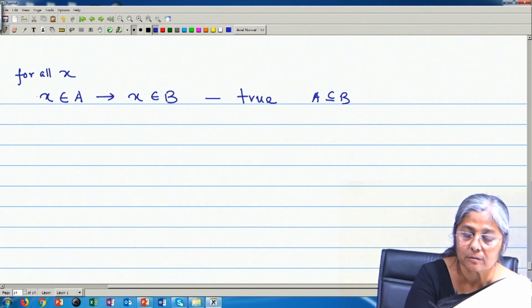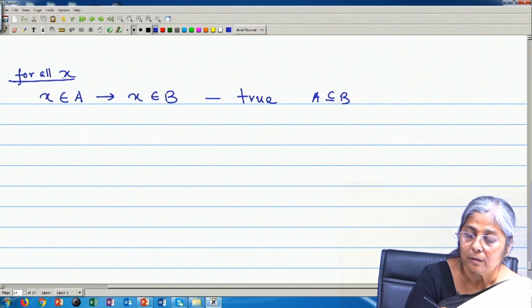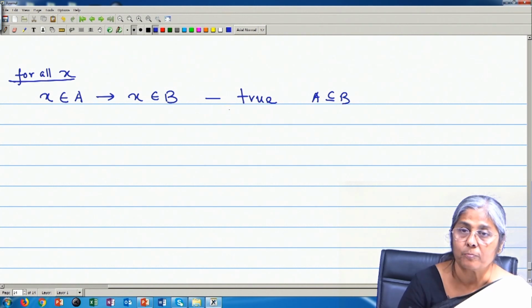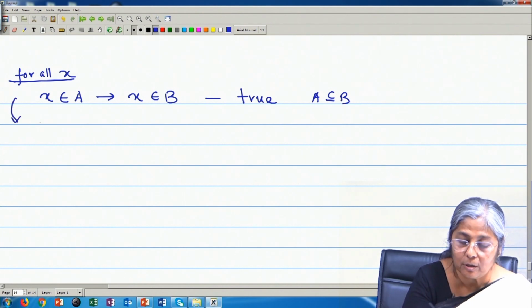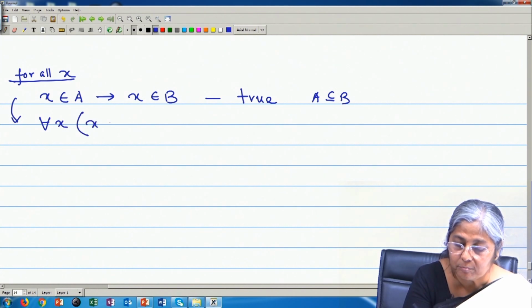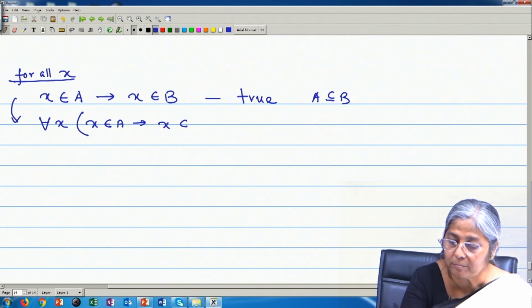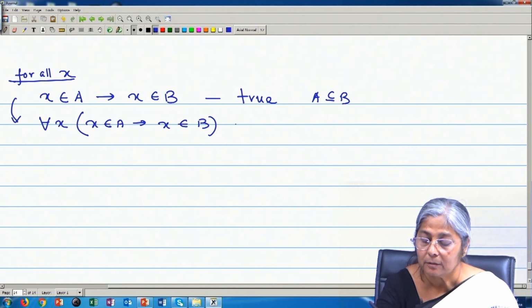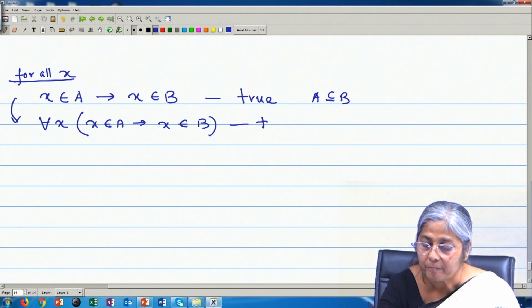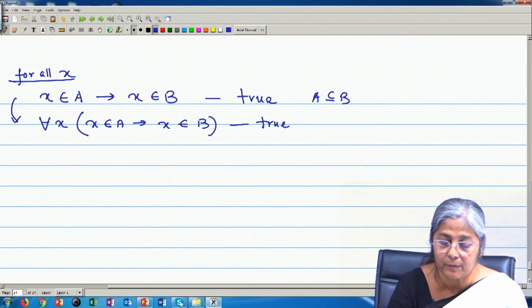So, for all x, whether this is true. If I write using our logic, for all x, x belongs to A implies x belongs to B, and this must be true.